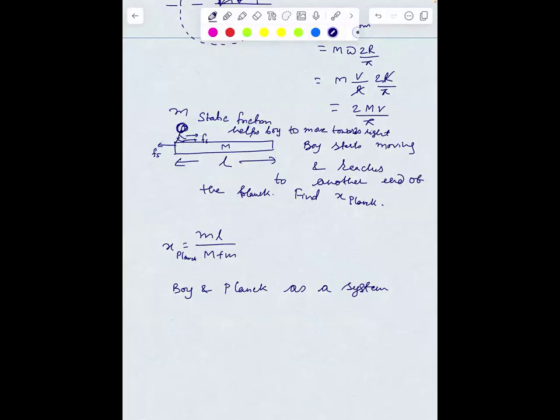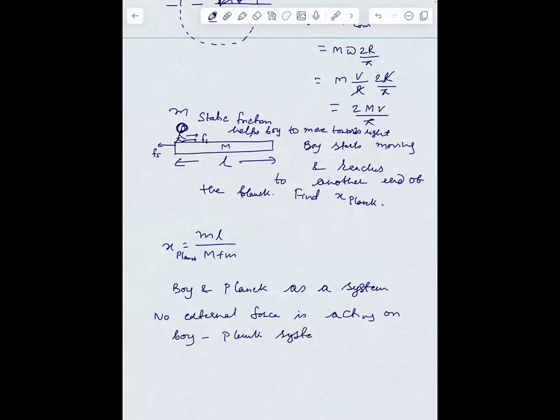Since the boy is moving over the plank, the boy is pushing the plank backward and the plank is pushing the boy forward, but I'm taking both as a system. So I can say that no external force is acting on the boy-plank system.